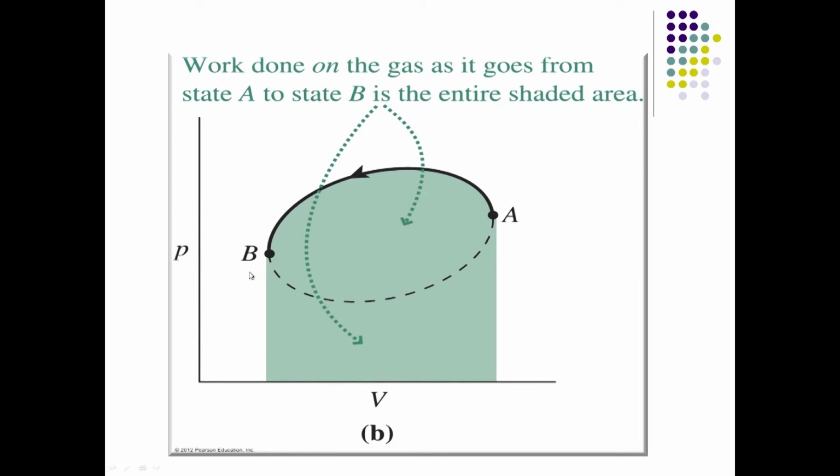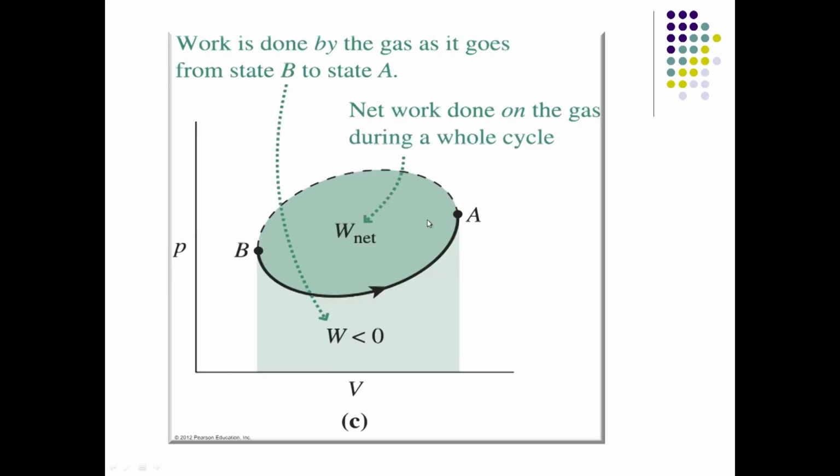There are two situations. When you go from A to B, the work done on the gas is the entire shaded area, because this is the entire work that you have done. If you go the other way, starting from B and going to A, then the work done is again the area below the curve, B and A, which is the shaded area here.